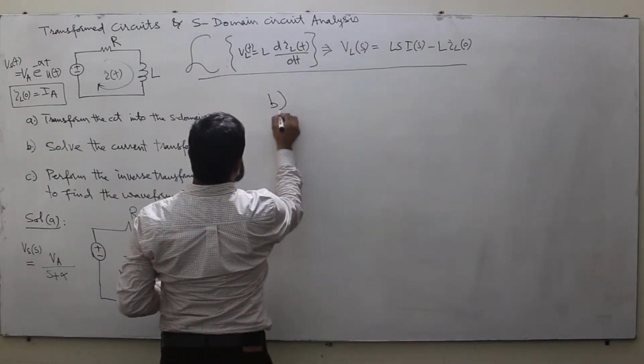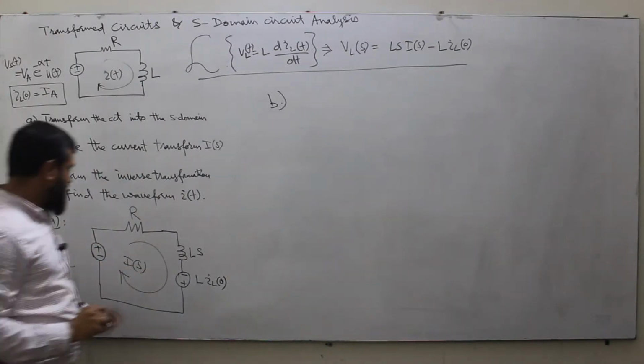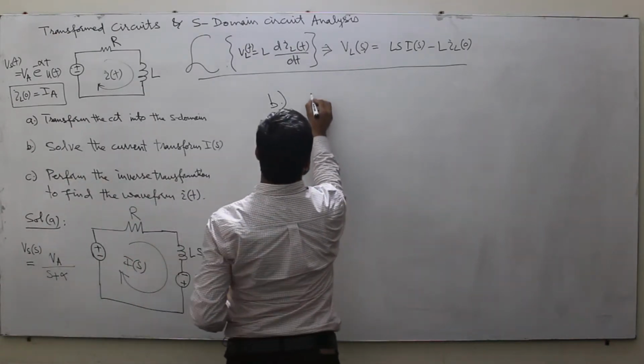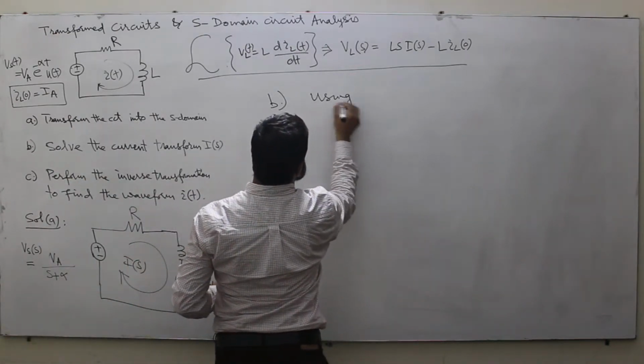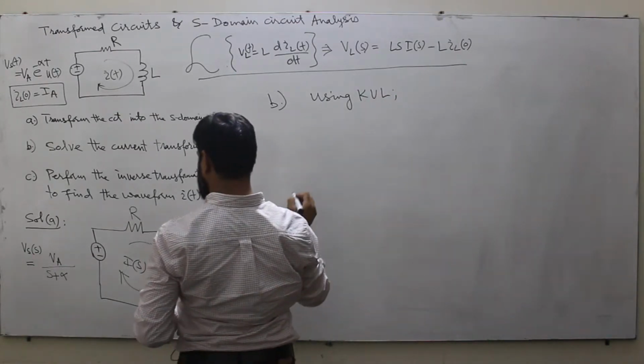For the B part, we have to solve the current transform, so we need the current I of S. Using KVL, we can write the equation for this.